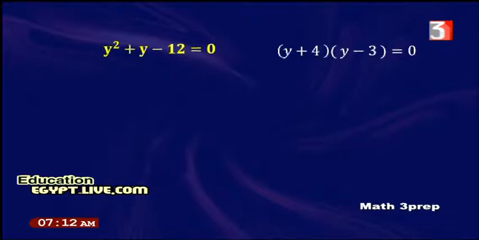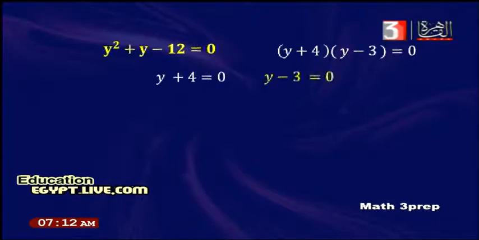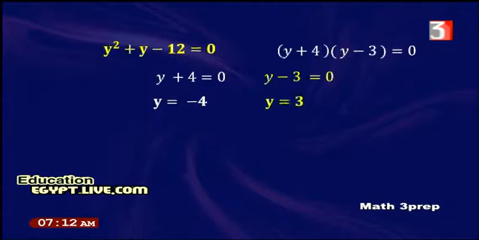Now, two brackets multiplied by each other equals 0. It means that either the first one, y plus 4 equals 0, or the second one, y minus 3 equals 0. In this case, we can find that the value of y equals negative 4, or the value of y will be 3.